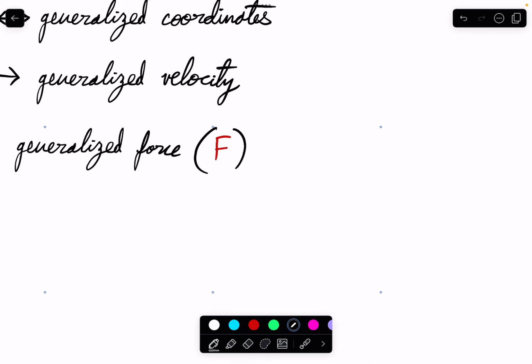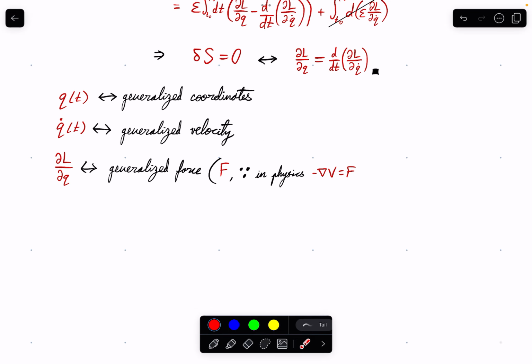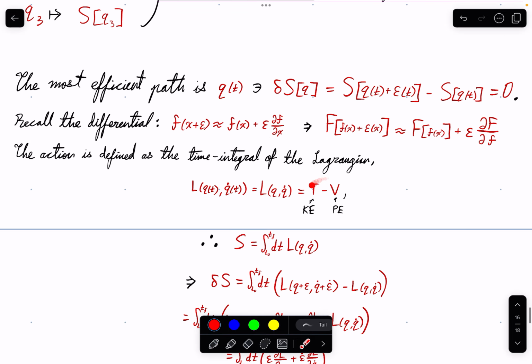And the reason for this is because in physics, the traditional definition where you take the gradient of the potential and you get a force, well, the Lagrangian is like a generalized potential. So you have kinetic energy and potential energy.